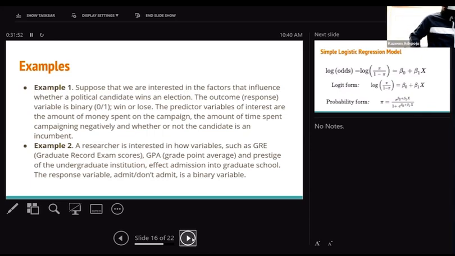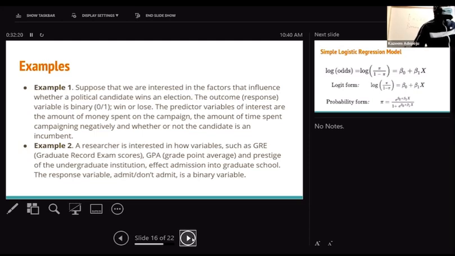But because we find ourselves in a world where we are too anxious to predict the future, we basically want to know the probability of a candidate winning an election. If a politician competes in an election, either the politician wins or loses, which is a categorical response.